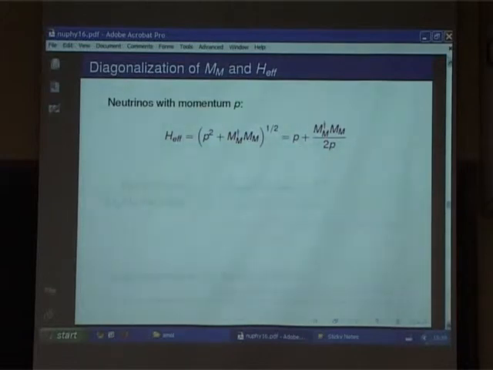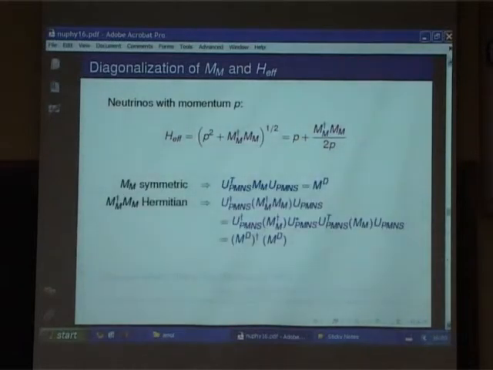This is E plus M dagger M by 2p, the standard expansion that we did. So the effective Hamiltonian looks like this: M dagger M, and p is a number. So M dagger M is what you want to diagonalize when we say you diagonalize H.